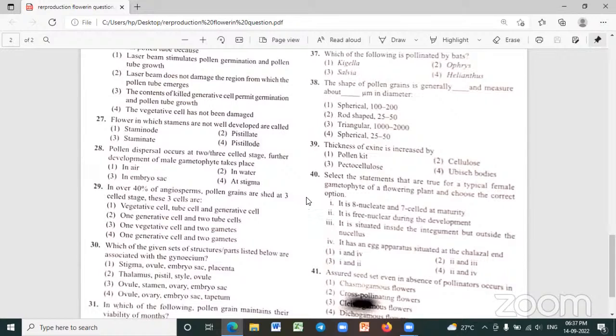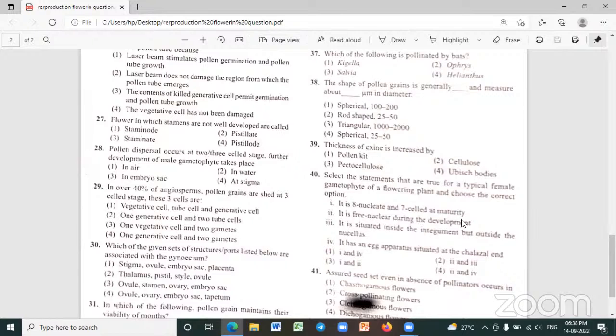See here, the 40th: select the statements that are true for a typical female gametophyte of a flowering plant and choose the correct option. Which is the correct one in this category? See here, 1 and 2. Yes, very good. 1 and 2 is the correct one. It is 8-nucleate and 7-celled at the maturity stage, correct?